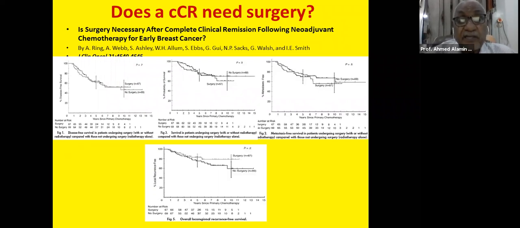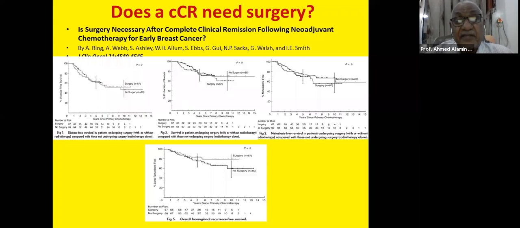Some advocate no need for surgery, and you content yourself with only radiation to the chest and the breast. Others say you remove the whole breast. If it is a locally advanced tumor, you put a marker to show the site of the tumor, and probably you can do breast conserving surgery.